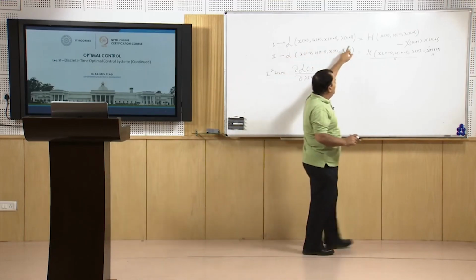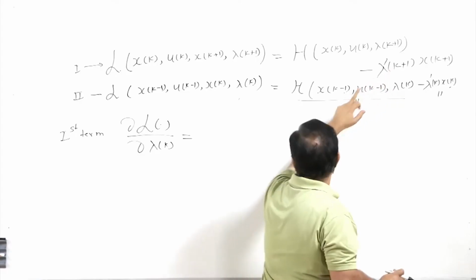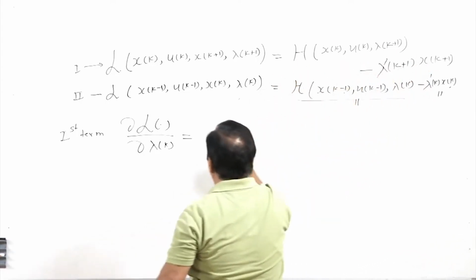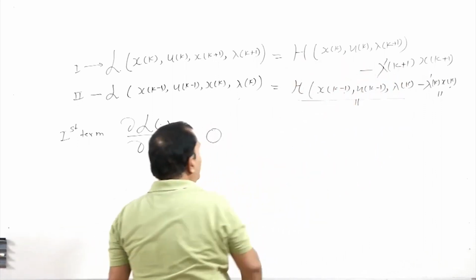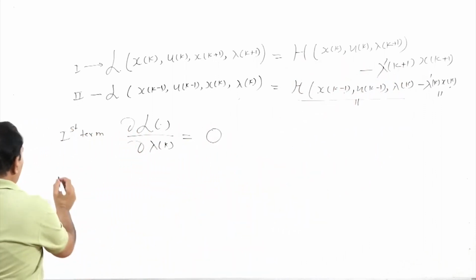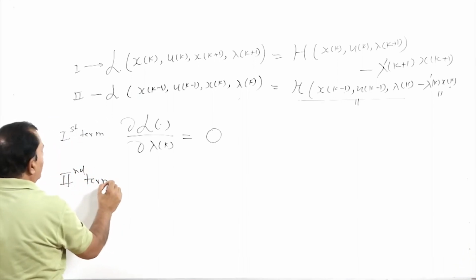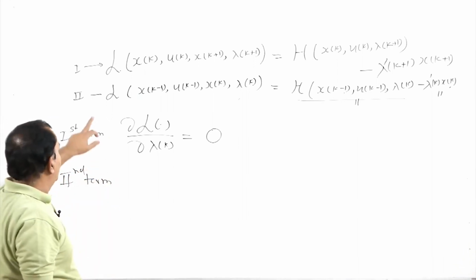So, this term I have to differentiate with respect to lambda k, and this whole term is independent of lambda k, sorry, this will give me 0, while the second term, what actually will I get?